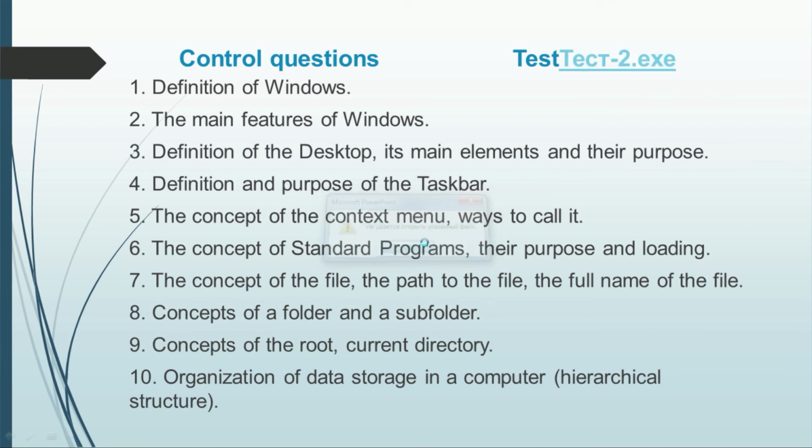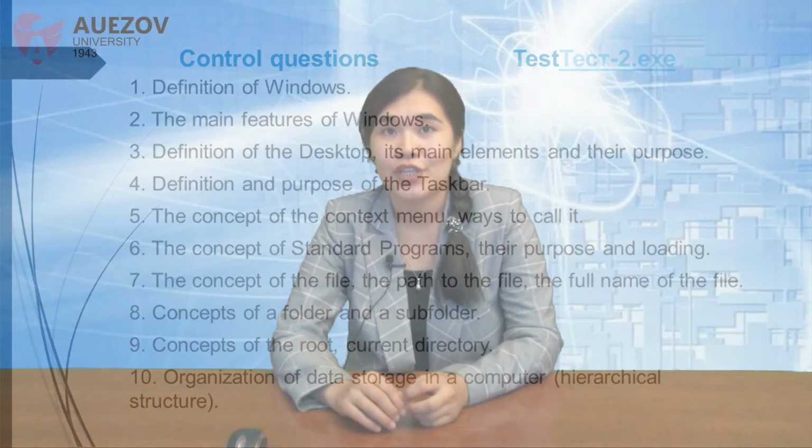Definition of the desktop, its main elements and their purpose, and concepts of folders, subfolders, the root, and current security. Definition of Windows. You have to answer these questions and give your answers to your teacher for checking.